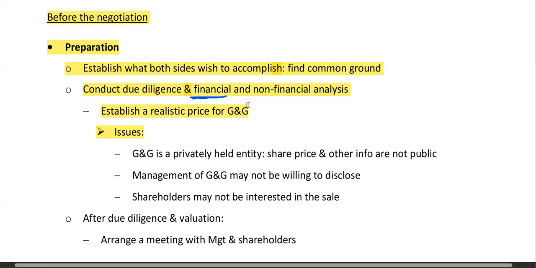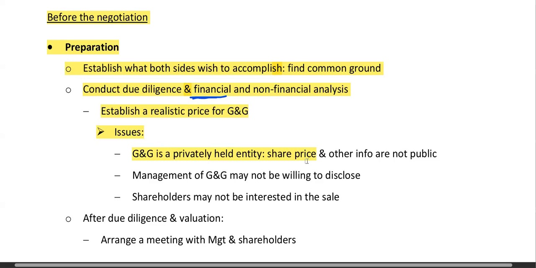The first issue is that G&G is a privately held entity. That means the company has no share price, because a business valuation would start with what is the market share price for a company. And unfortunately for G&G, there is no share price available. And not only that, don't forget, it is a privately held entity. They are not required to disclose their financial statements to the public.